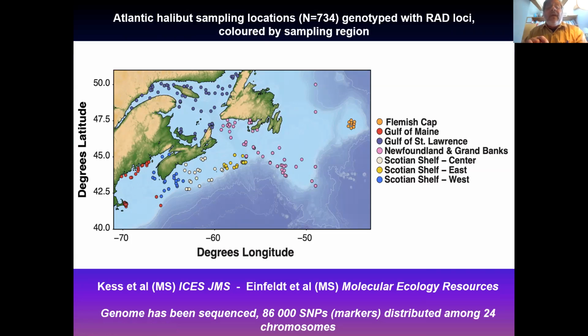And we've also, an advantage of doing it with this species is that in the context of that module D, we've also sequenced the entire genome of the Atlantic halibut, and we have 86,000 markers, SNPs, distributed among the 24 chromosomes.